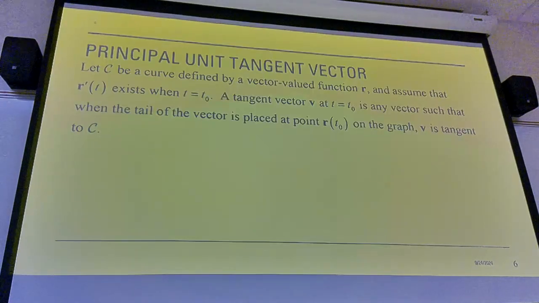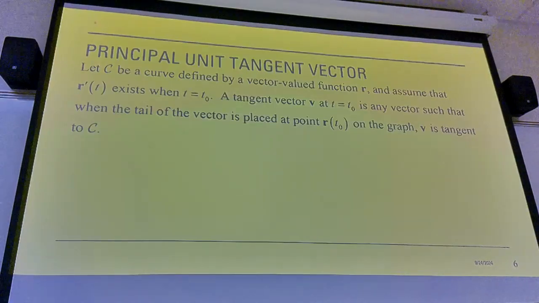However, generally speaking, when we think about direction vectors, we want it to be unit. Right? We want the vector to just give us a direction and not do anything with magnitudes. So a length of 1 serves that purpose. That's where the unit tangent vector comes in, the principal unit tangent vector.